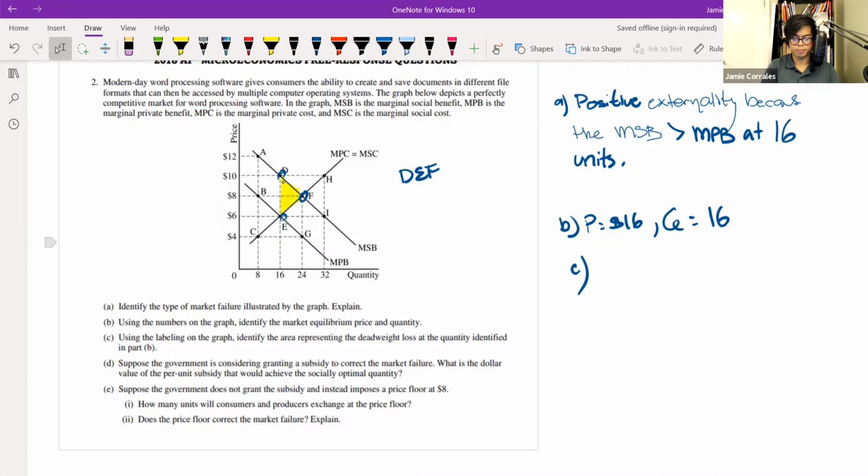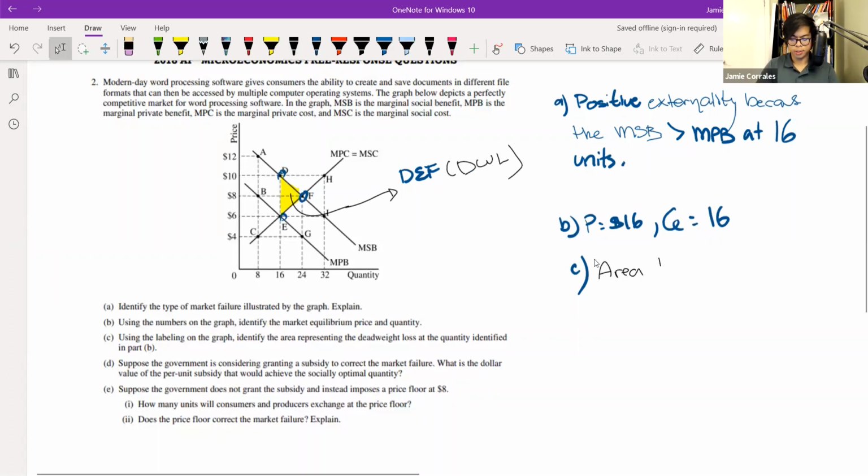Okay, that's the deadweight loss. Area D, E, F.